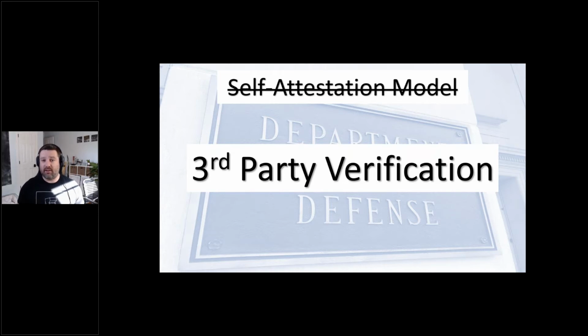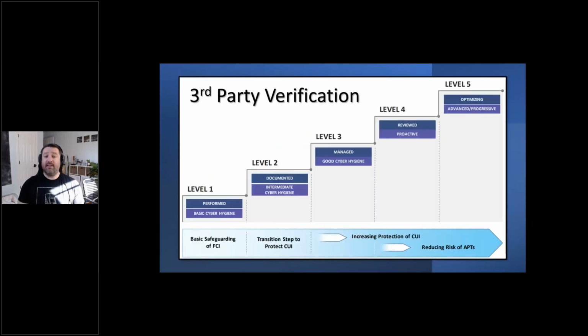processes and practices. Essentially, what this means is that an organization that is not part of your business, a third party, will be required to come in and assess how you do cybersecurity processes and practices against a rubric of 17 different domains.